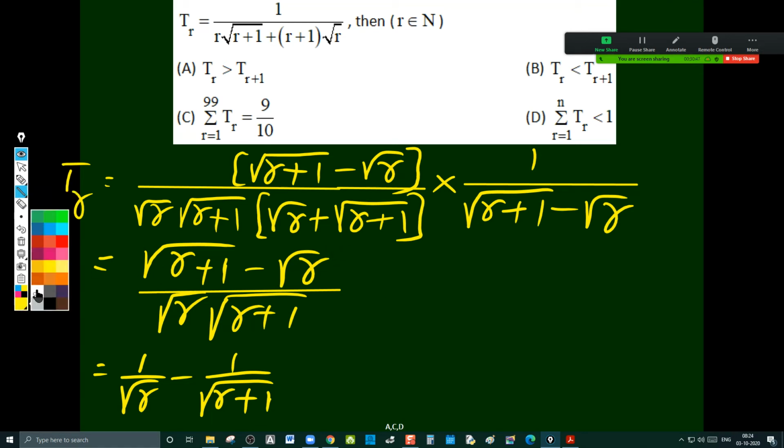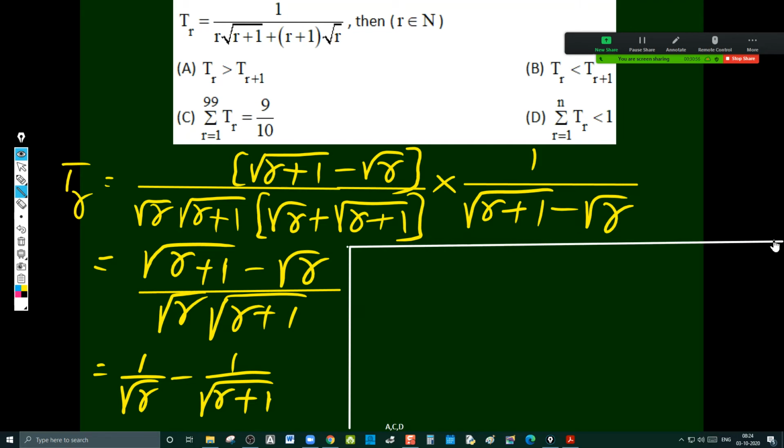I repeat what I'm saying. Here I'm talking about option A. This is 1 by root r minus 1 by root (r+1).